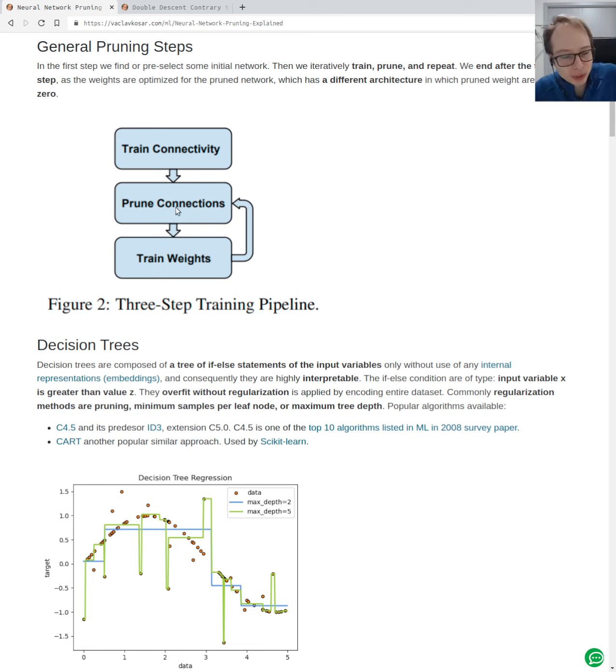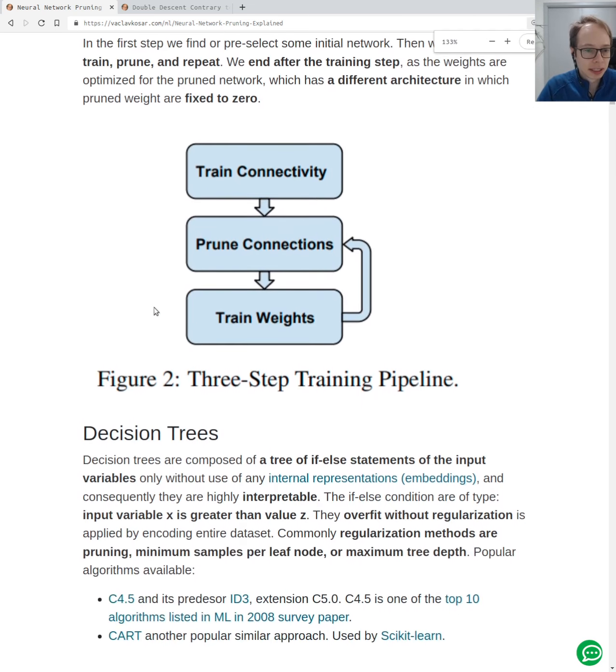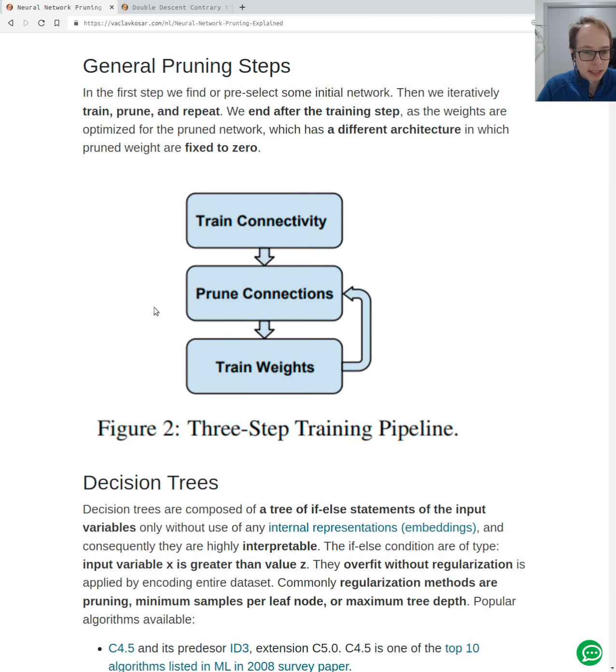During the pruning steps we effectively change the architecture, and since the architecture changed and we still have some weights remaining, we'd like to tune those weights with the new architecture for the dataset we are training on, after which we can do another pruning. So this pruning is effectively, in decision trees, cutting parts of the decision tree, and in neural networks, it's setting some weights to 0.